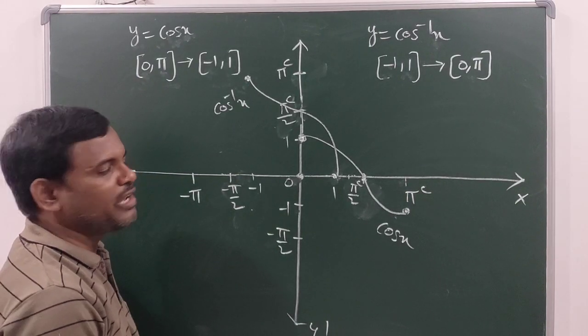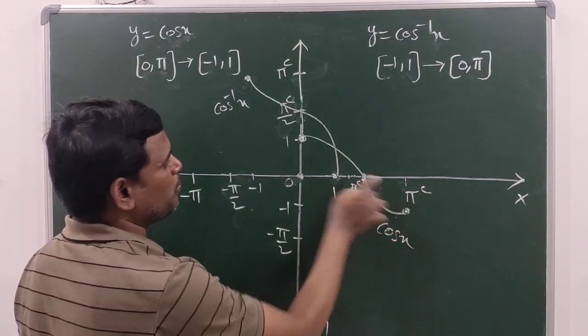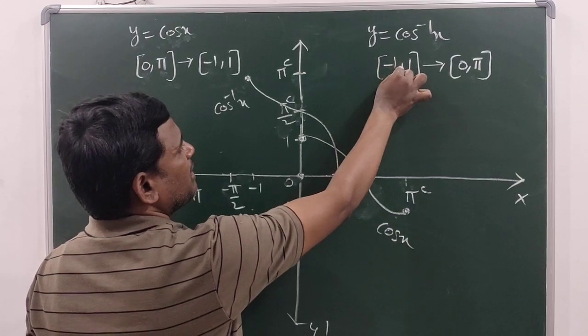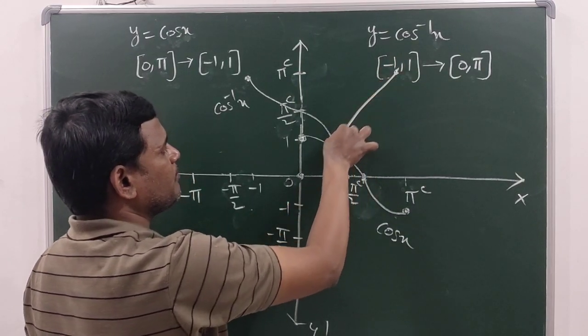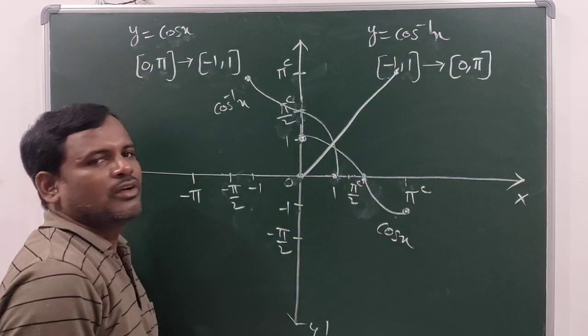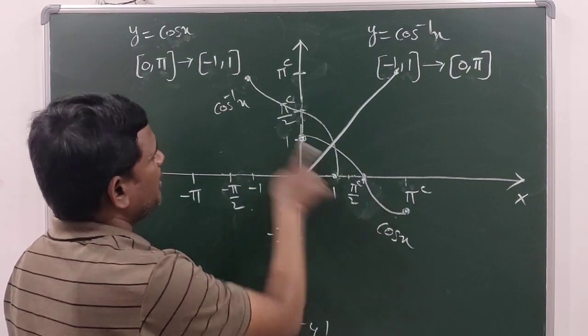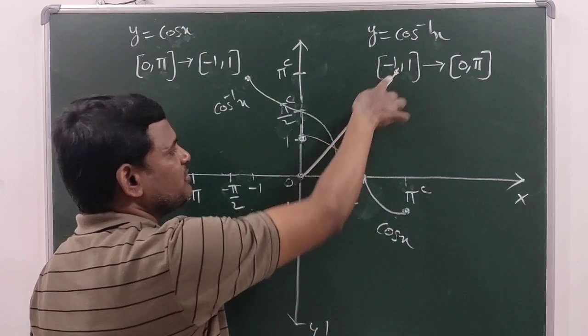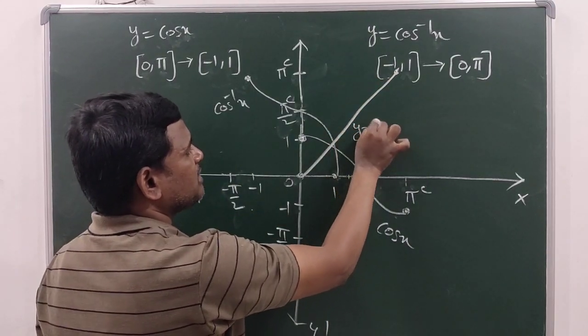Okay, for the y equal to x line in the interval 0 to pi. So this curve and this curve, both are decreasing. Both are mirror images with respect to this line y equal to x.